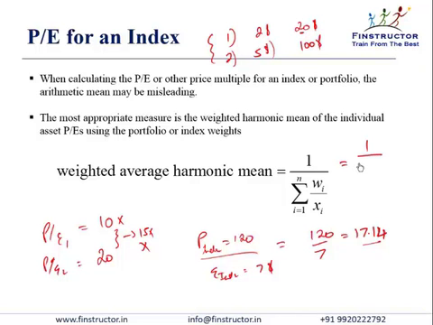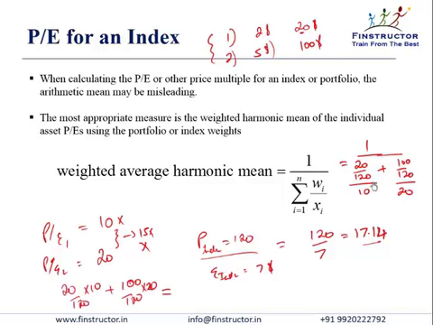So weight of stock 1 is 20 upon 120 divided by the P/E multiple of stock 1, which is 10 times, plus weight of stock 2 is 100 upon 120 divided by the PE multiple of stock 2, which is 20 times. So please verify that this will come out to be 17.14, that is the same as the price of the index upon the earnings of the index.